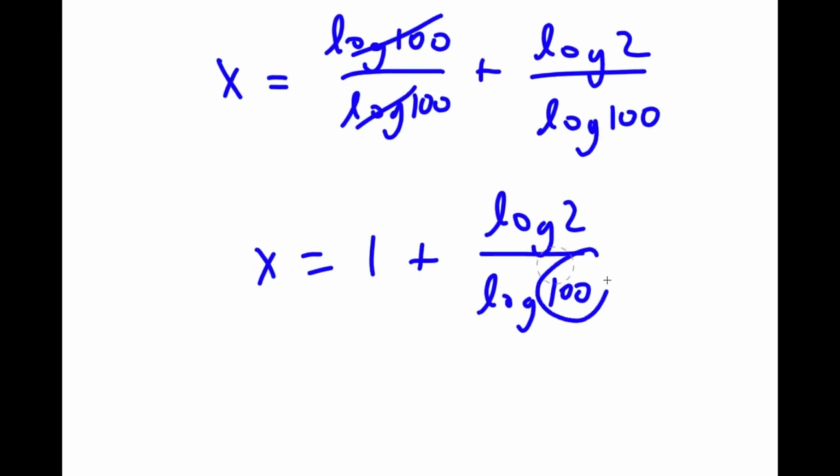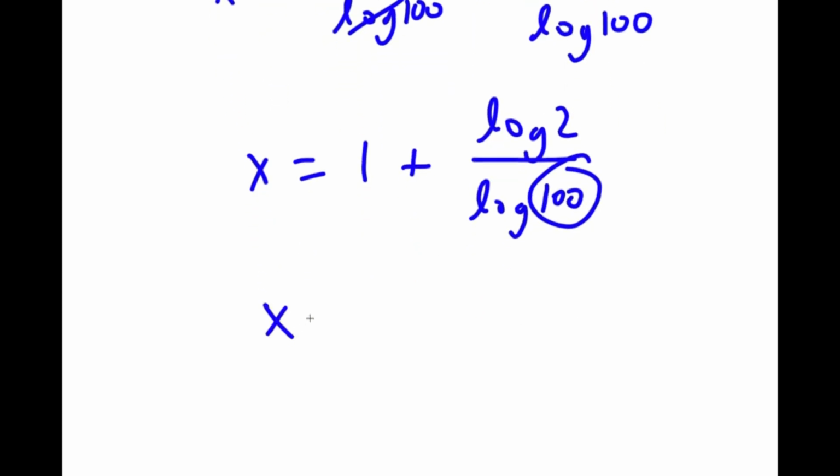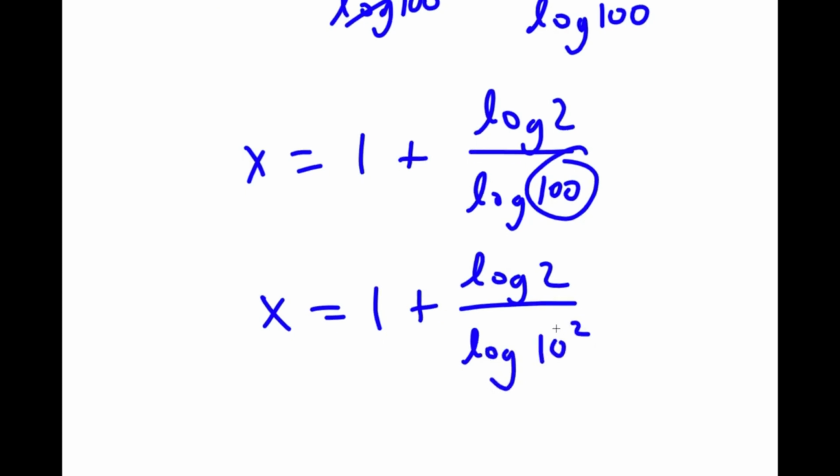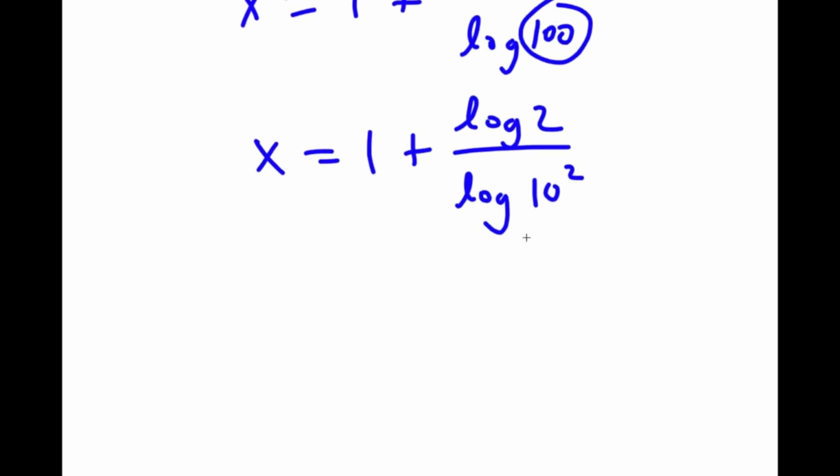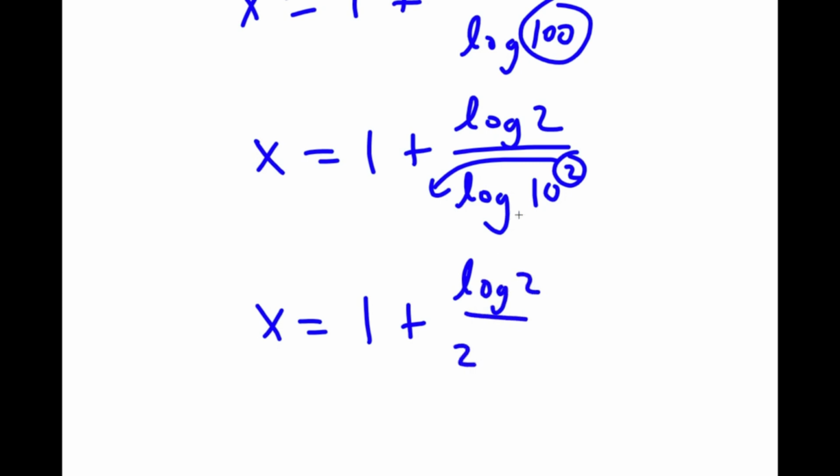Now 100 here, this is the same thing as 10 squared. So now I have x is equal to 1 plus log 2 over log of 10 squared. And remember, if I have something in the form log a to the power of b, I can move this to the front. So now I have x is equal to 1 plus log 2 over 2 times log 10, which is simply 1.